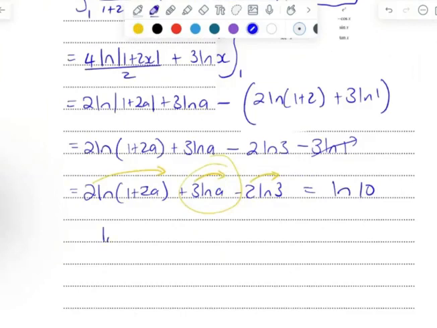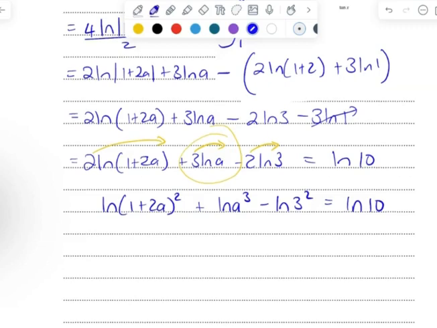For now, I'm going to remove my coefficients by taking them up, and that's just log laws. 3 minus, I'm just going to leave that as a minus, ln 3 to the power of 2. So the mathematics will work itself out. If you were to take up a minus 2 and say plus, it will work itself out. But for now, I'm just going to do this.